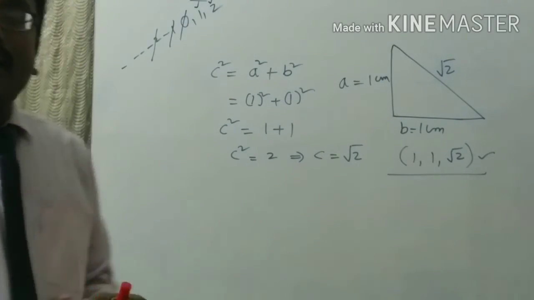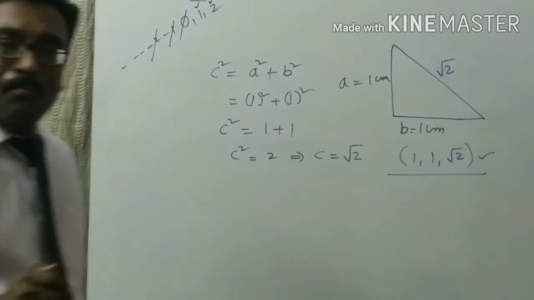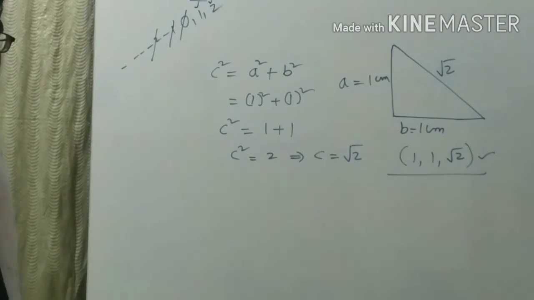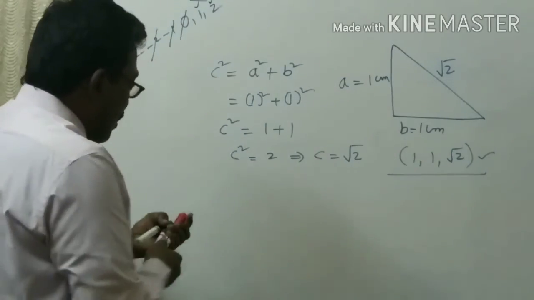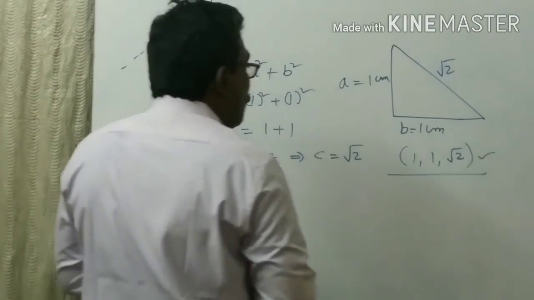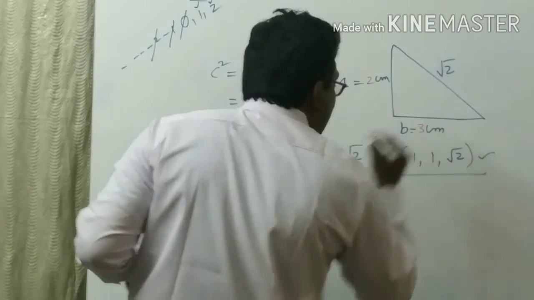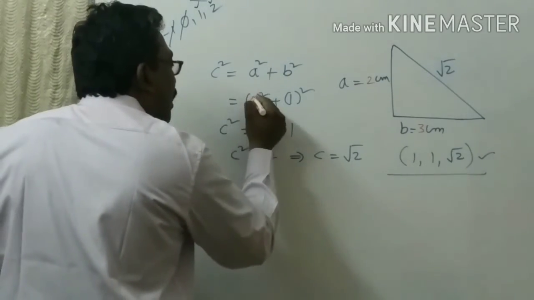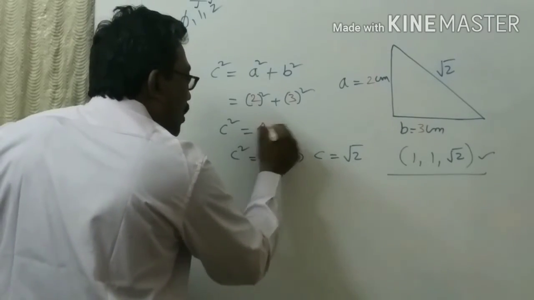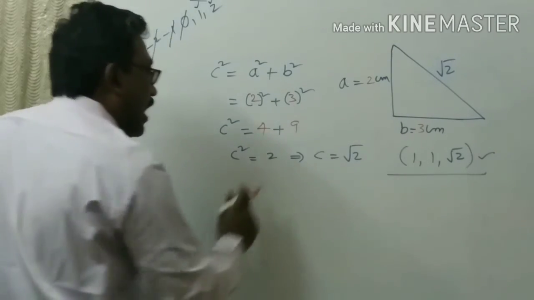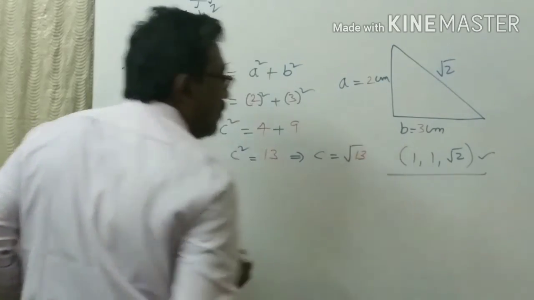So here a Pythagorean triplet came in irrational numbers. Suppose for another example, instead of 1, I am changing this to 2 and this to 3. What will happen here? 2 square, 3 square. 2 square value is how much? 4. 3 square value is how much? 9. Then it is how much? 13. Then C is root of 13.